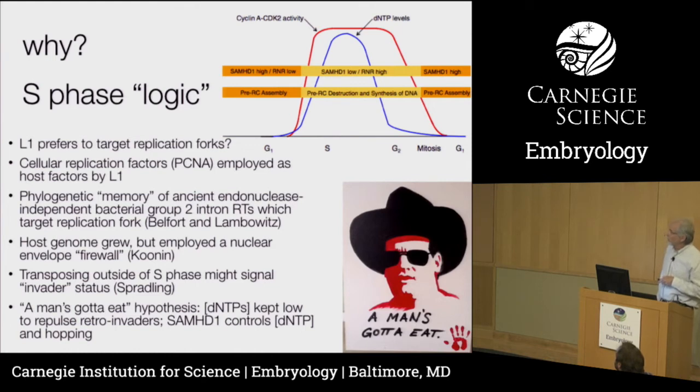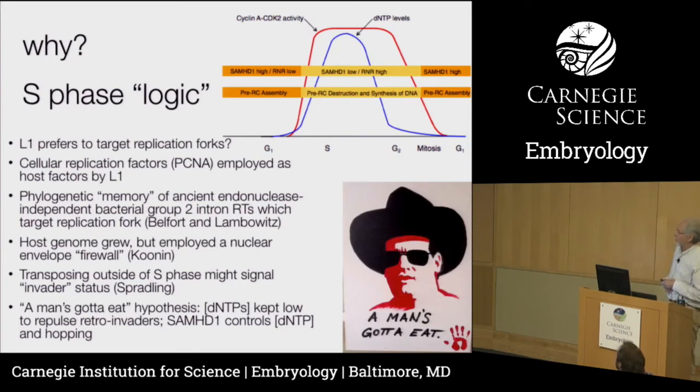Maybe this is a phylogenetic memory of an ancient endonuclease-independent type of element described by Belfort and Lambowitz. These are the group 2 intron reverse transcriptases. They've been shown to target the lagging strand, where there's a pre-existing 3' end that can be used in a TPRT reaction. So that may be one origin of all of this.